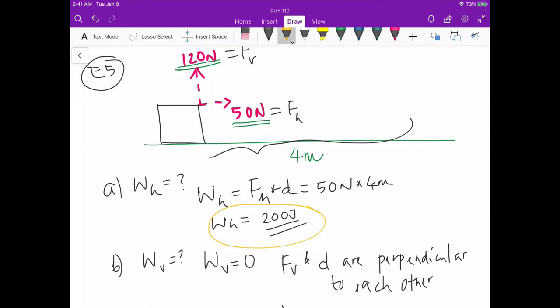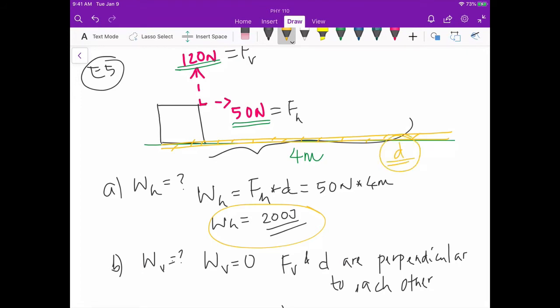If the object is moving in the horizontal direction, in this particular case, the object moved along the floor. You see what I mean? When it's being pulled along the floor, it's moving in the horizontal direction. So the distance is only in the horizontal direction.